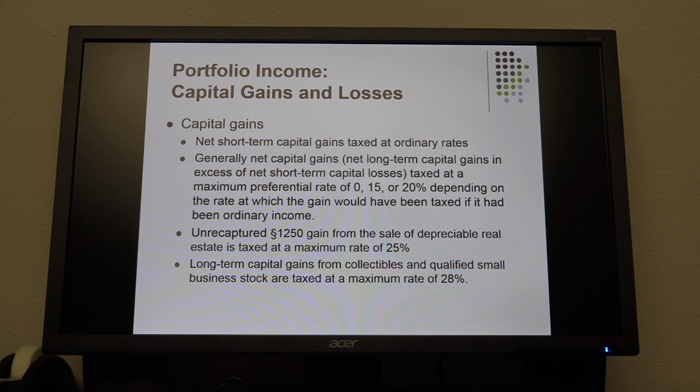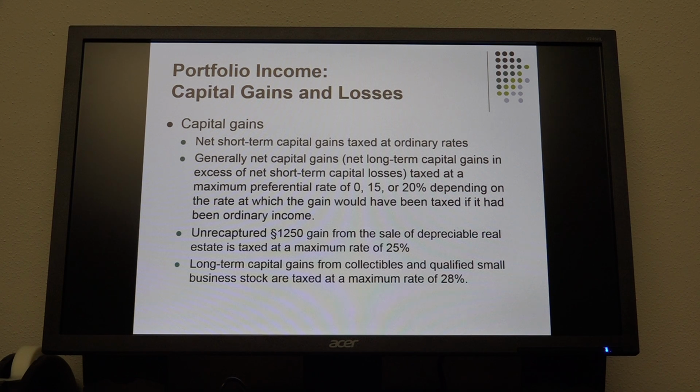The netting process in general involves comparing your long-term capital gains against long-term capital losses, and depending on the outcome, you're either going to have a net long-term capital gain or a net long-term capital loss.